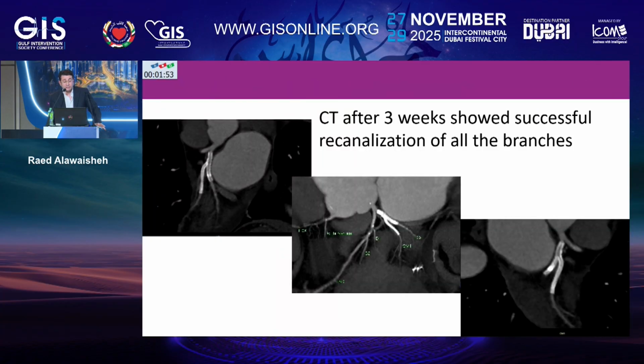After that, I did the CT coronary angio after 3 weeks, which showed full recanalization of the vessel. So now I have the OM back, I have the collaterals back to the RCA, and everything went smoothly, even better than the coil option.